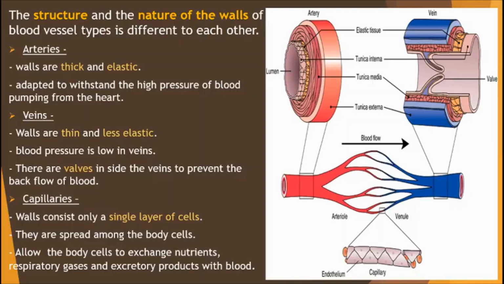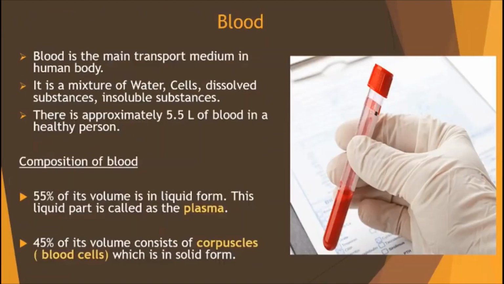Okay, now we have discussed the parts of the circulatory system. Now we are going to discuss another specific material related to this circulatory system. It is blood. Blood is the main transport medium in the human body.